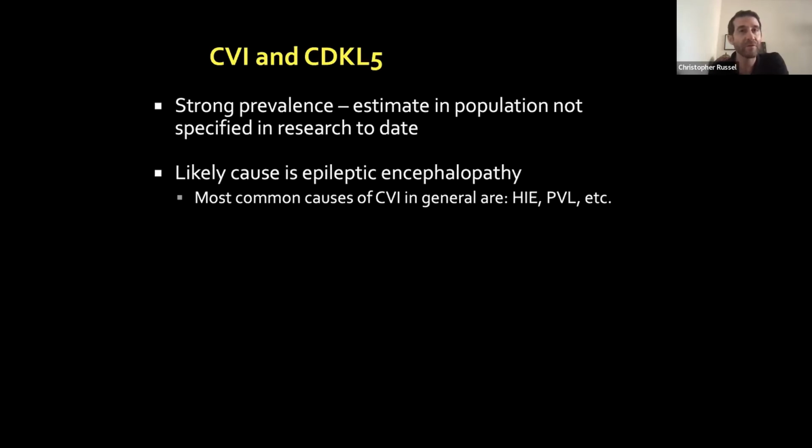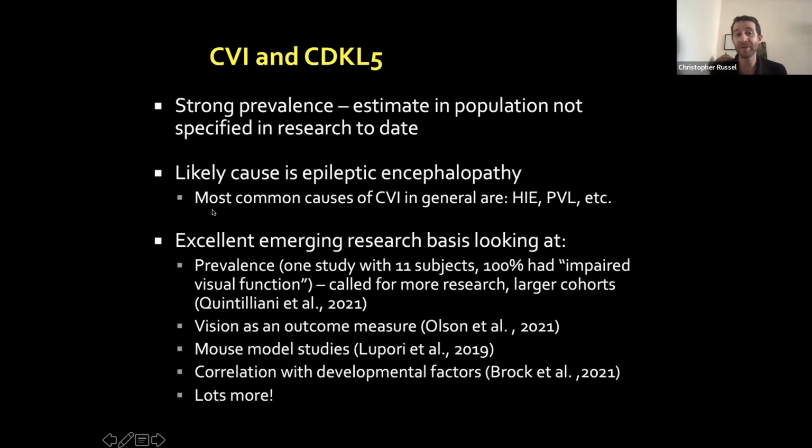There's really not enough research to date on the correlation between CVI and various chromosomal and genetic disorders, but there are particular conditions that are showing stronger correlations. And within the CDKL5 community, you actually have a lot of research in comparison to other chromosomal and specific etiologies that really haven't dipped into this enough.